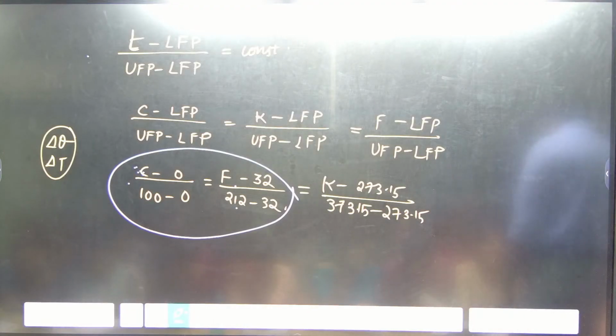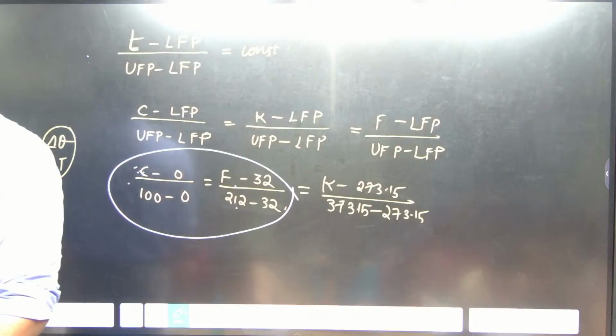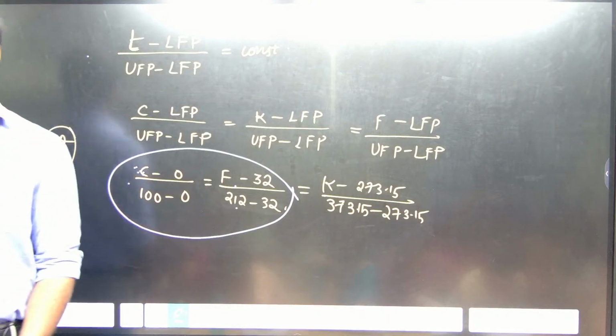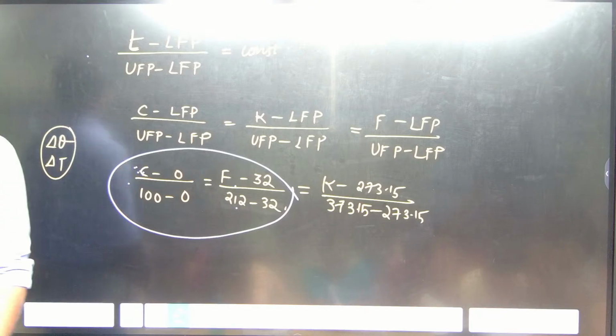What is the answer? 25. Okay, what about the second one? Minus 40. Plus 180. Second one. First one. Second one? Got the answer? What is the answer? 260 minus 260. 3.33. Second one?